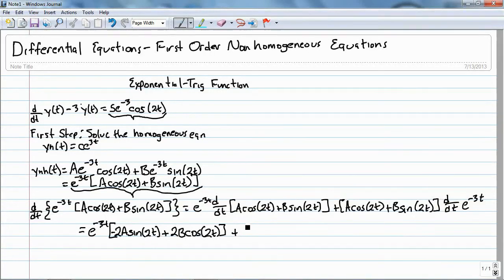Now I'm going to have a cosine 2t plus b sine 2t, and my derivative for e to the negative 3t is going to be negative 3 e to the negative 3t. Distribute the 3 through and simplify.